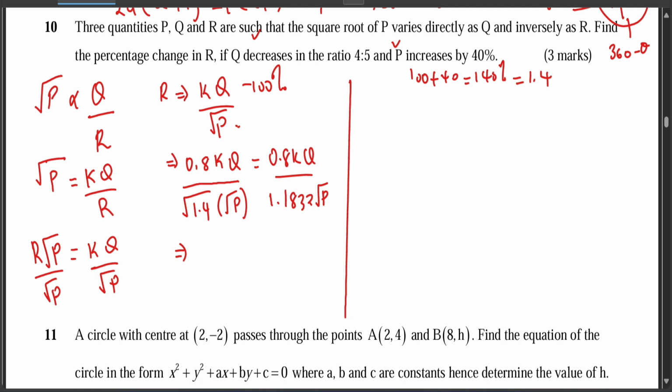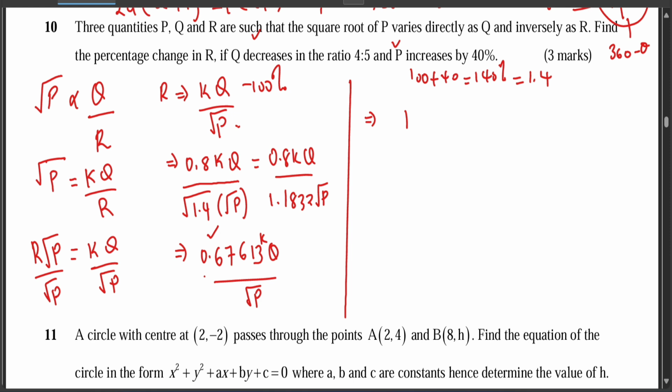It gives you around 0.6761, let's write many digits, 13 KQ over root P. But the only important thing is to get this. Once you know this coefficient, it is easy later. So your actual value is usually 100%, which is just 1. So your original value is 1.